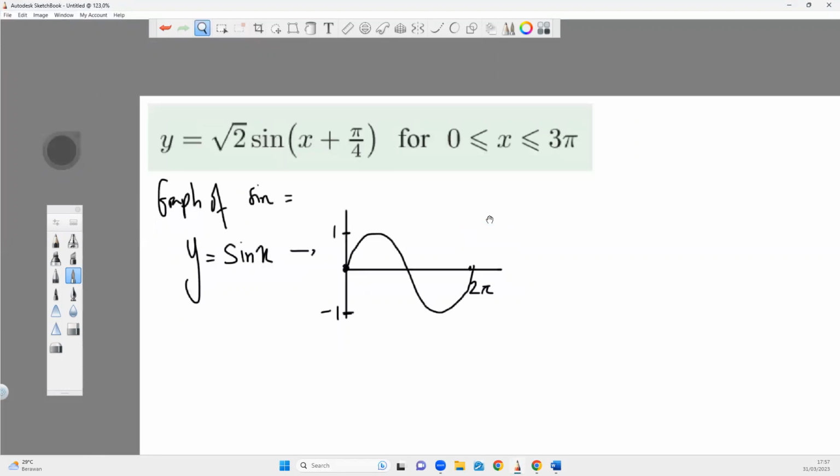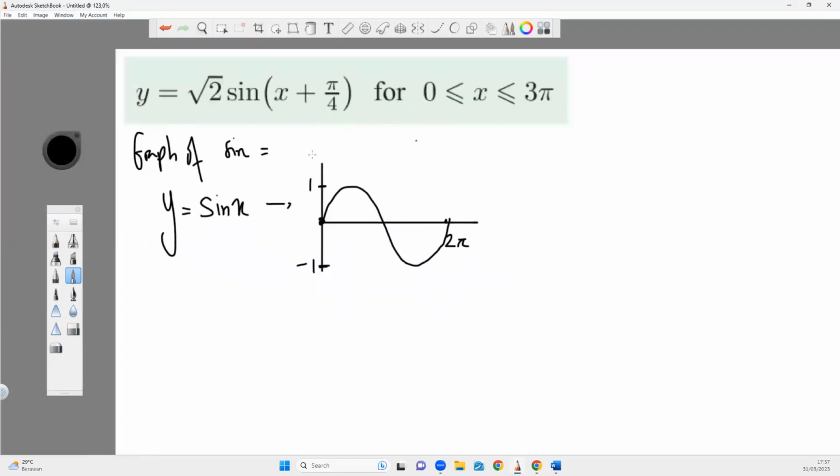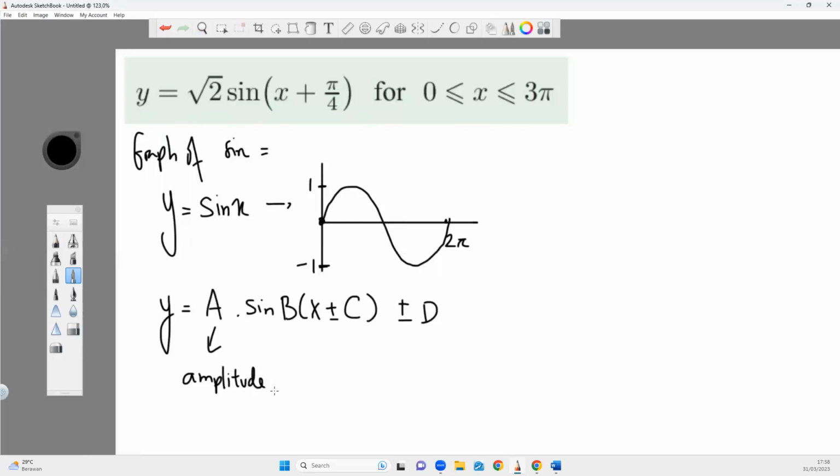But if we have the square root 2 here, we need a further understanding of the sine graph. Let's say I have a sine b bracket x plus c, plus or minus d. It can be minus also. So we have to acknowledge that a is the amplitude, so the maximum and minimum, or the distance between the center to the edges.